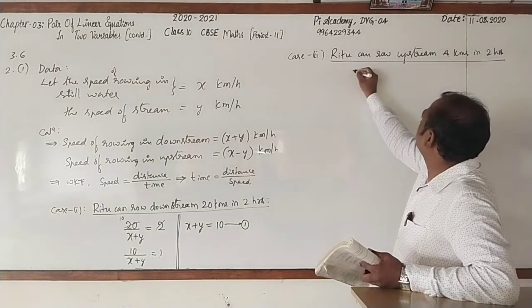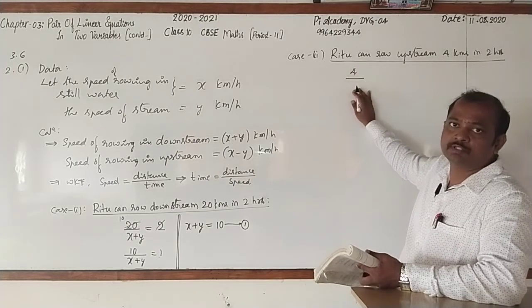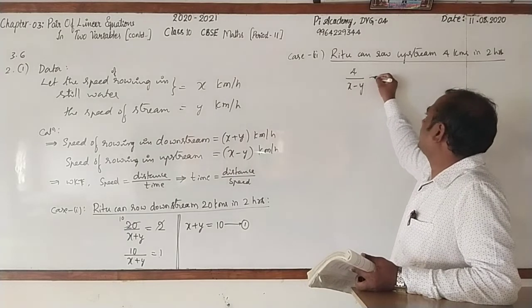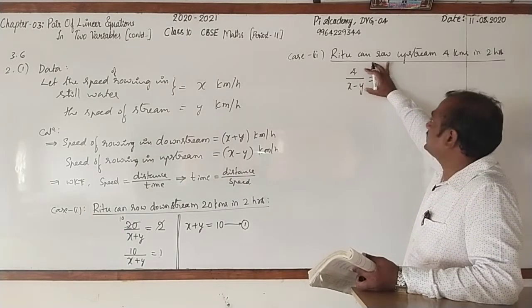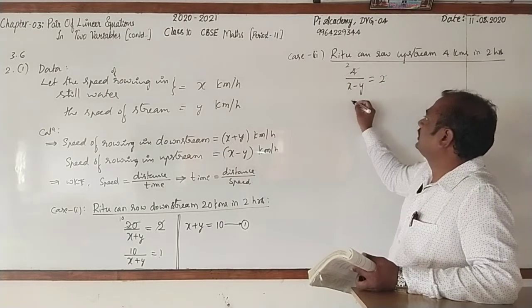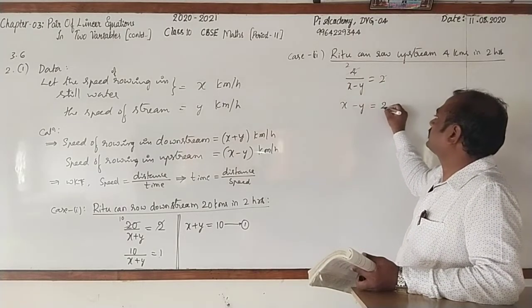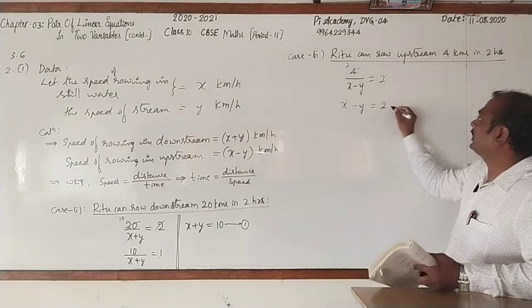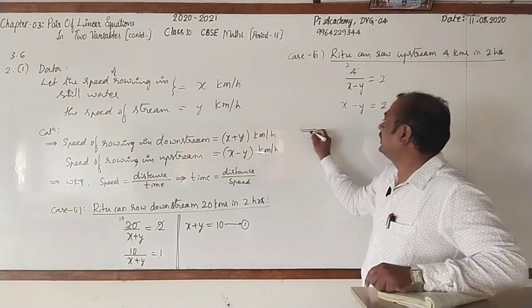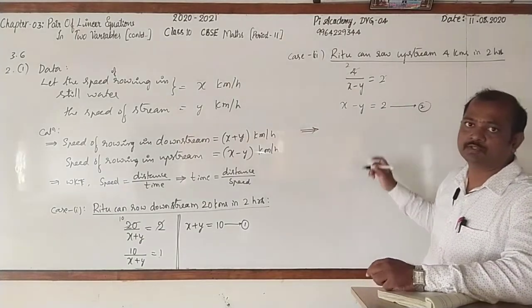So the distance is 4, and what about the speed in upstream? It is x minus y. Distance by speed is time. The time is 2 hours. Now cancel it. We can write it as x minus y is equal to 2. You may call it equation 2. Clear? Now let us go for solving equations 1 and 2.